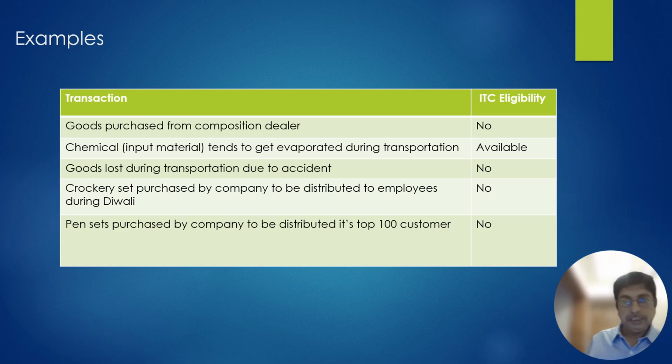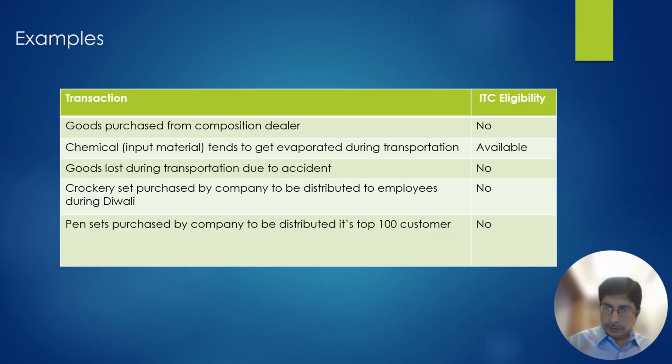The next point is important. Let's take an example: a chemical which is an input purchased by the business and transported from one place to another, and that chemical tends to evaporate. It is a normal thing that the chemical will evaporate.